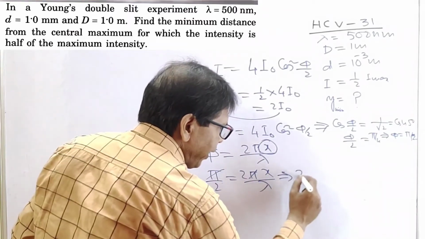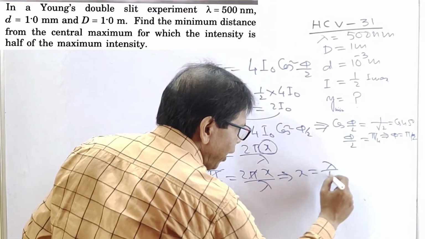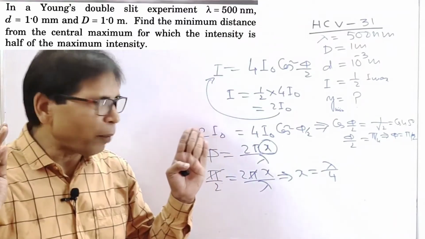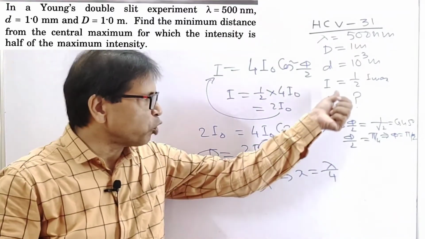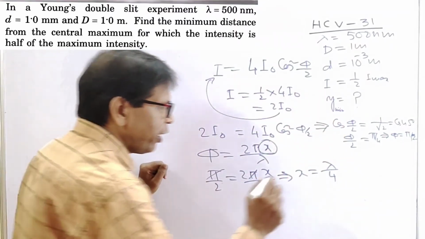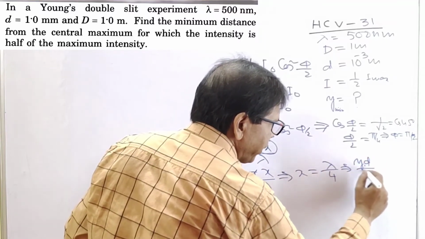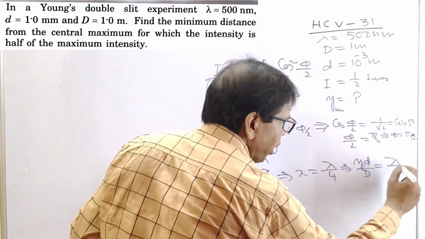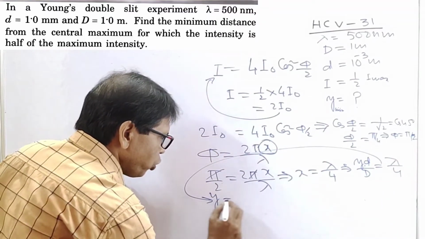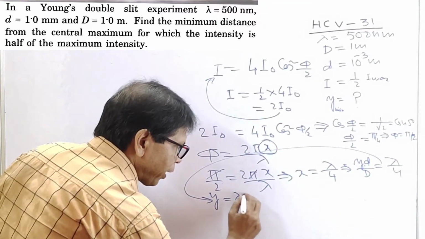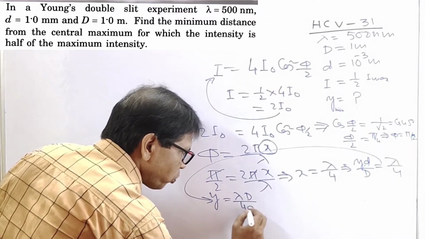So x equals lambda by 4. Now the path difference in terms of y in YDSE equals y d by capital D, and this is lambda by 4. From here y equals lambda capital D by 4 small d.